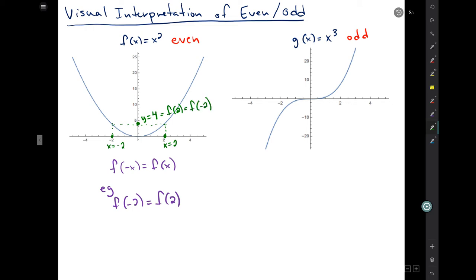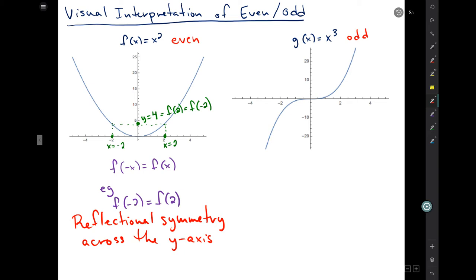So this is just one example, but if you think about it a little bit more, this is going to work for every x value. If you take the x value on the other side of the axis, they're both going to have the same y value. And so what that translates into visually is that you have this reflectional symmetry across the y-axis.